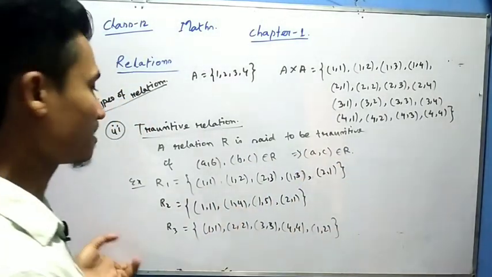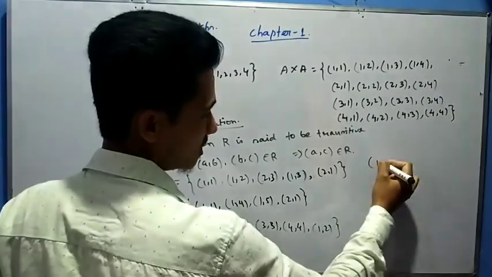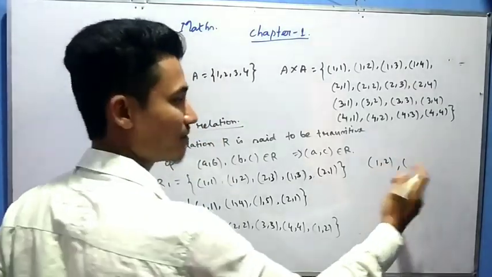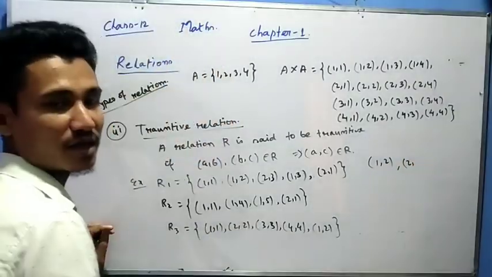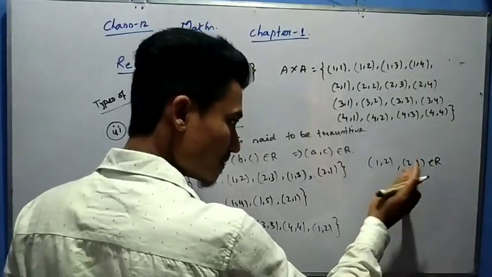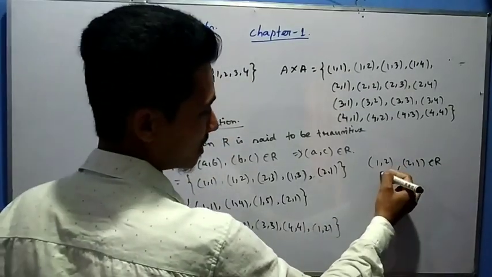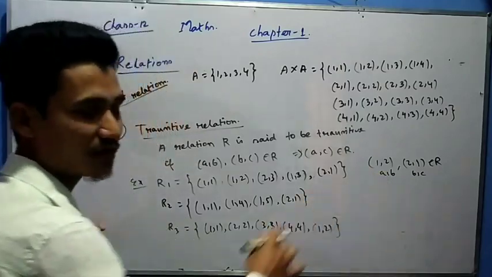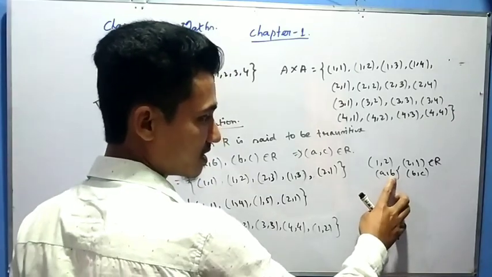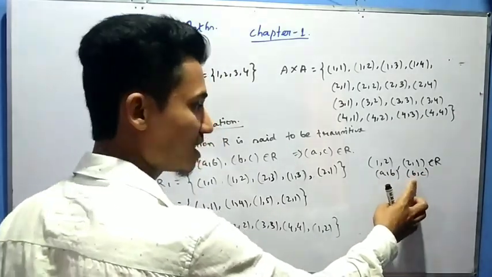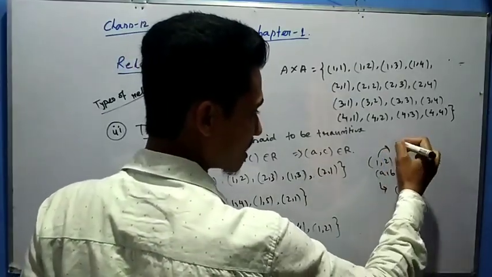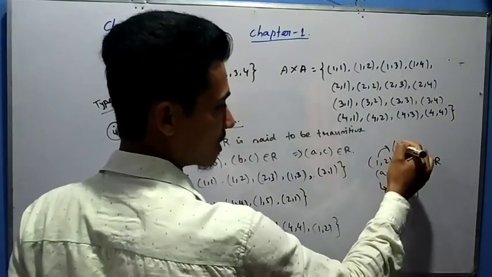The meaning is that if in a relation we have (A, B) and (B, C), that is, the second element of the first ordered pair and the first element of the second ordered pair are equal, then we have to see that (A, C) is also in that relation. If these two ordered pairs are there, (A, B) and (B, C), then (A, C) must be there.